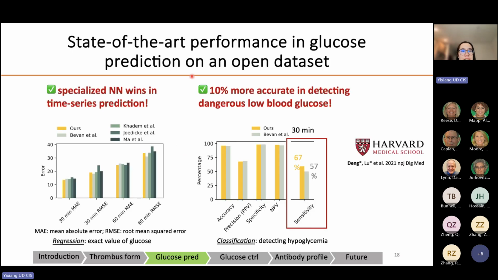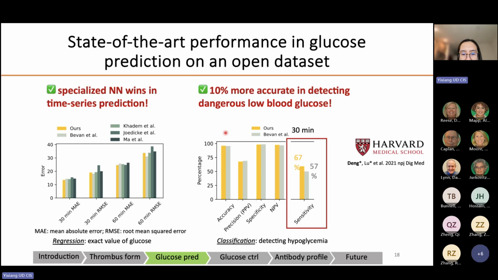So how about the results? Our approach has been shown to have a lower error in terms of both mean absolute error and root mean square error, at different prediction horizons, meaning how far away in time we want to predict. We compared our model's performance on public data sets with models that have a similar setup yet use different models for predictions.